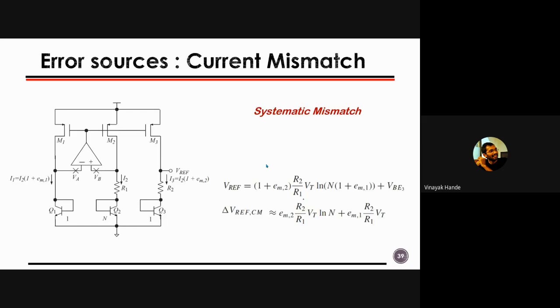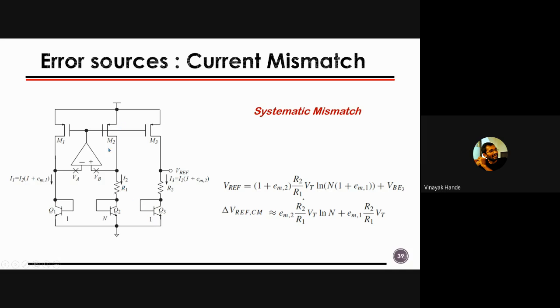Another error source is current mismatch, and this is again benign. Whatever you do, there will be an offset, there will be a mismatch, right? So it comes down to the circuit designer's skills, how he designs those circuits, and the layout designer's skills further on, right? If you see this circuit, there is a current mismatch.